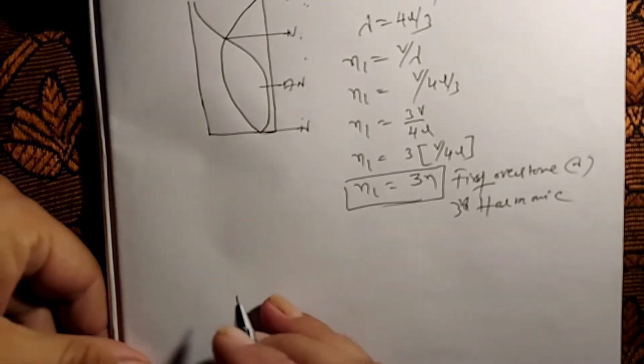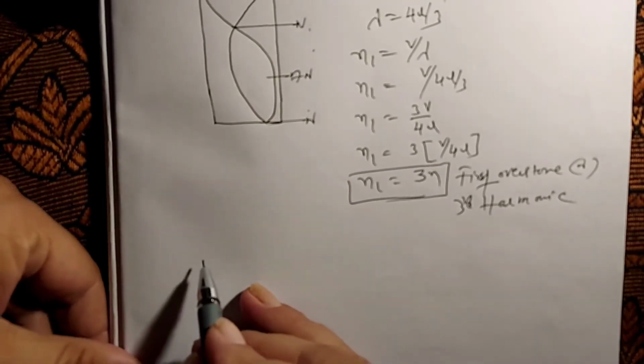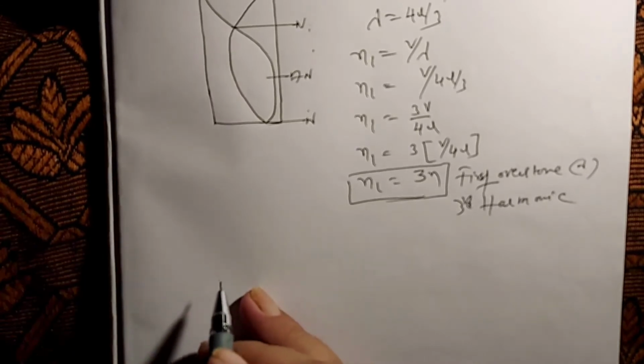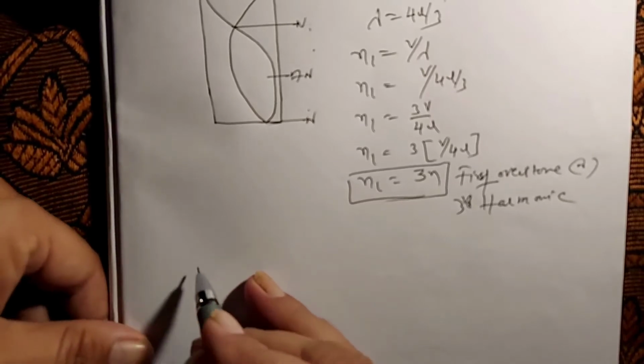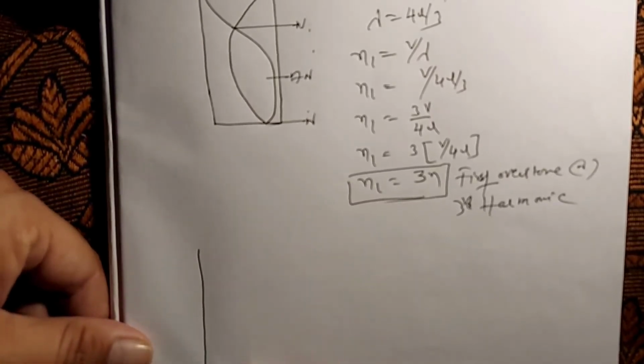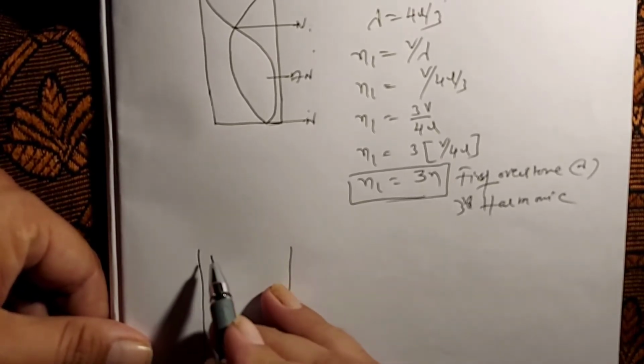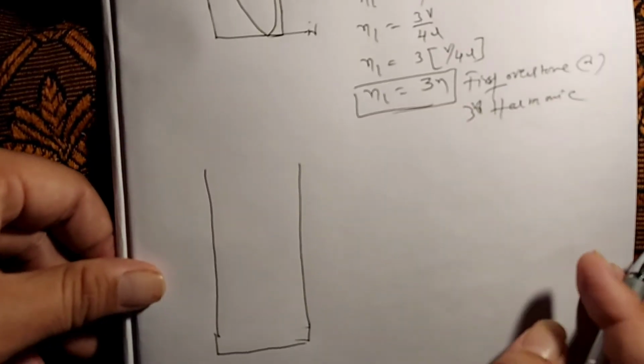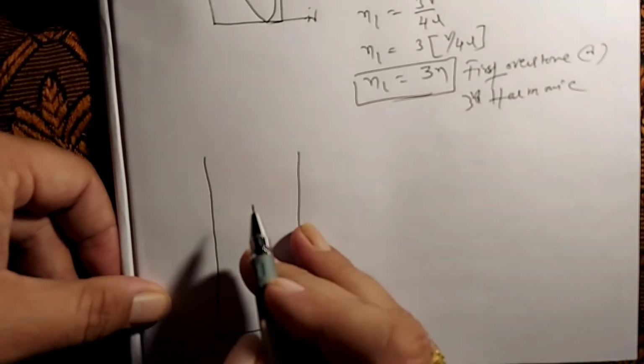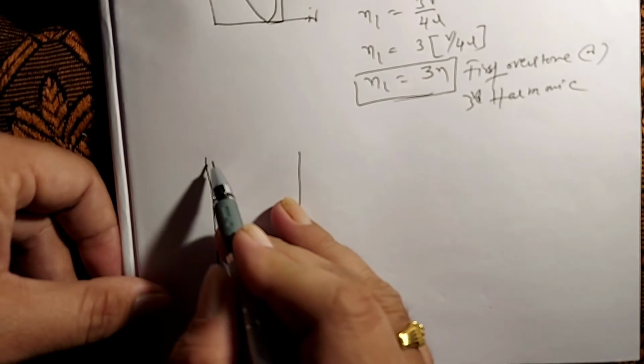Now we are going to discuss the third mode of vibration. The air column is vibrated in such a way that 3 antinodes and 3 nodes are formed. In this situation the waves are formed like this.